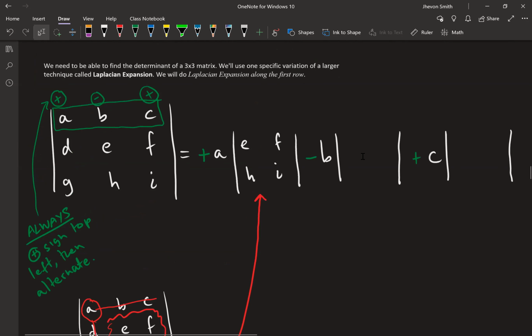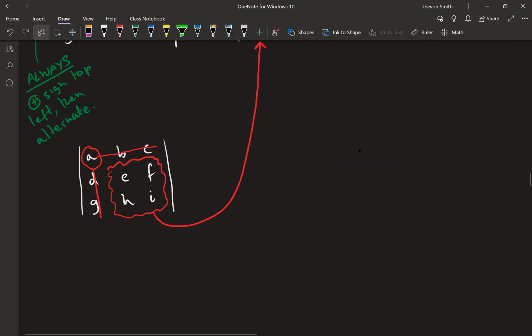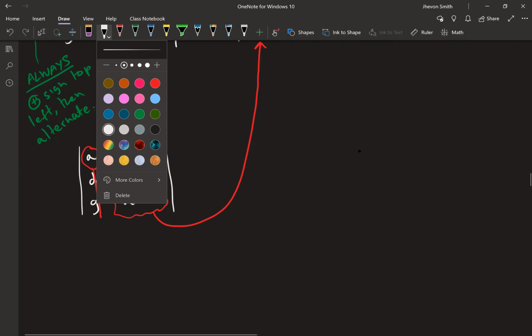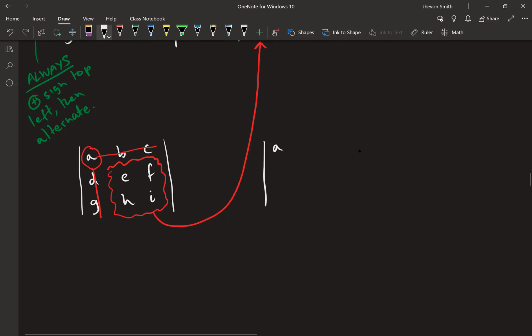Now to find the B, you're going to do the same thing. So in the case of the B, A, B, C, D, E, F, G, H, I. Focusing on the B, I'm going to block out everything in that row and that column.